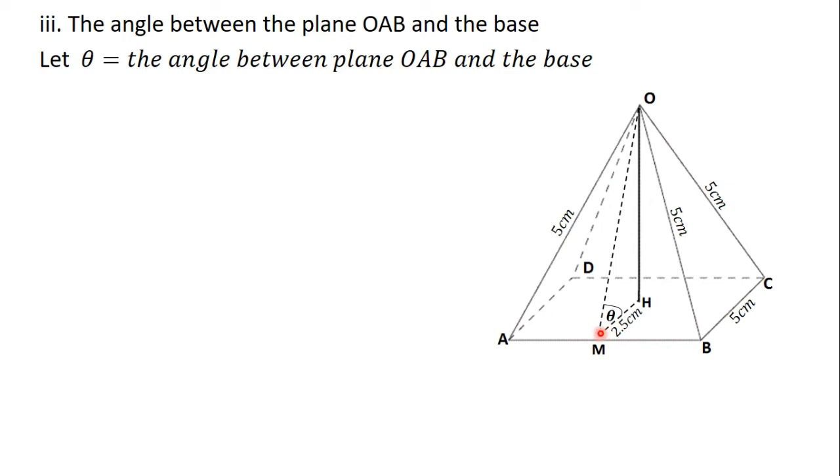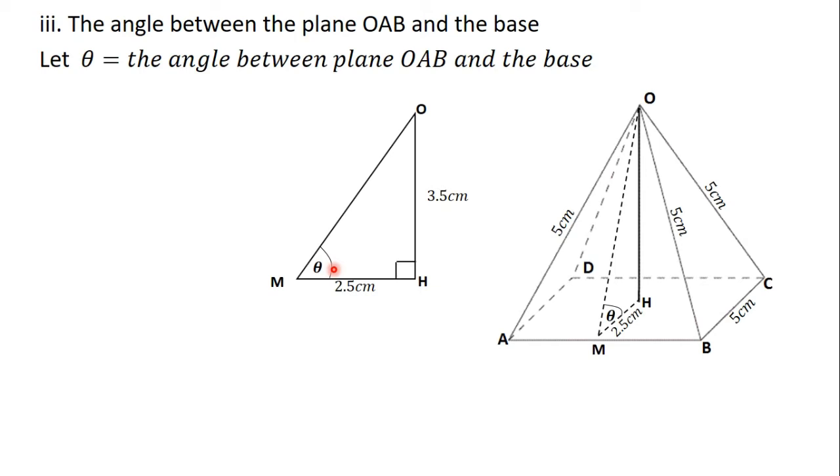So now we have MH, we also have OH, and the angle created here is 90 degrees, which means that we can use our trig ratios to find the value of theta. If we pick the points O, M, H, we will form this right angle triangle here with MH as 2.5 centimeters and OH as 3.5 centimeters. That is the height of the pyramid. We are looking for theta. 3.5 centimeters is opposite to theta and 2.5 centimeters is adjacent to theta.